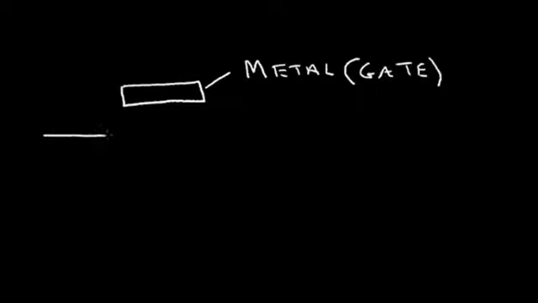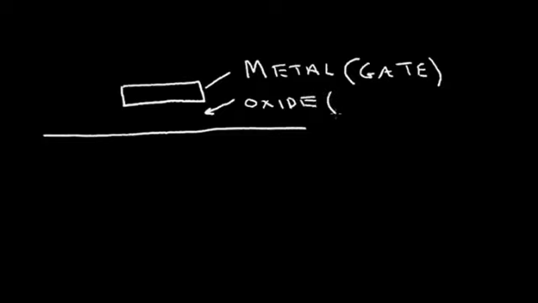Now next is the word oxide, and underneath this gate is an oxide, which chemically is silicon dioxide, which is also just plain glass. So this oxide is an insulating material.